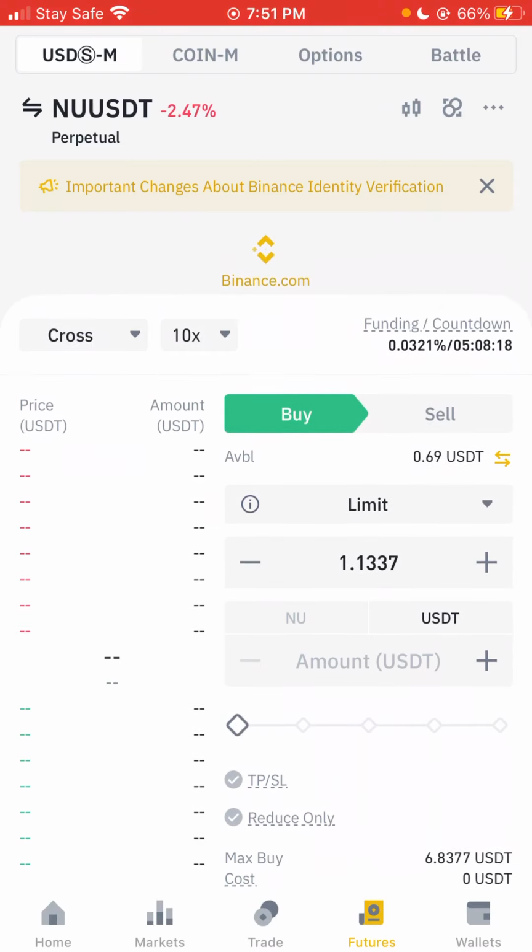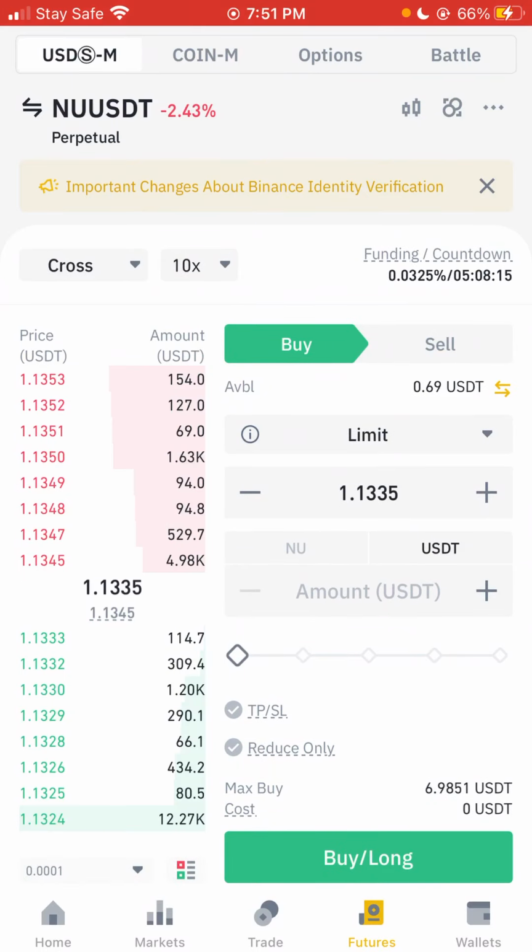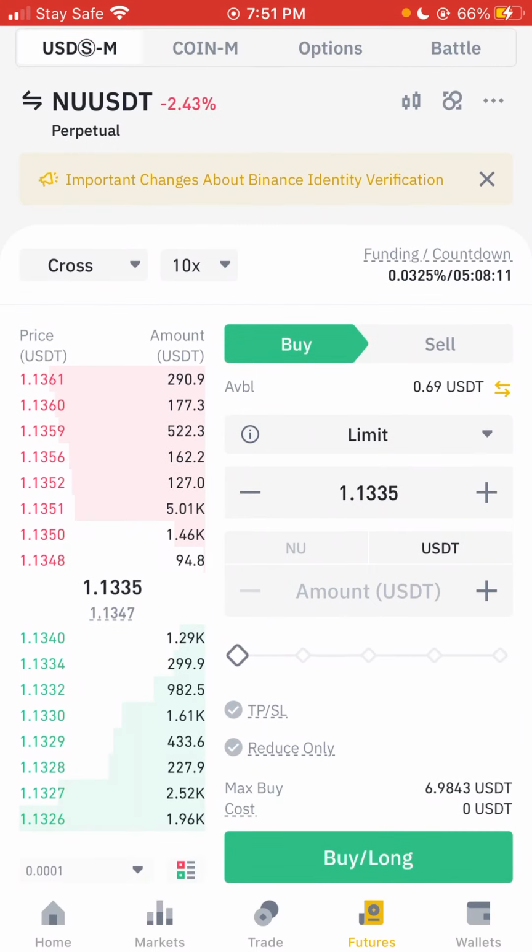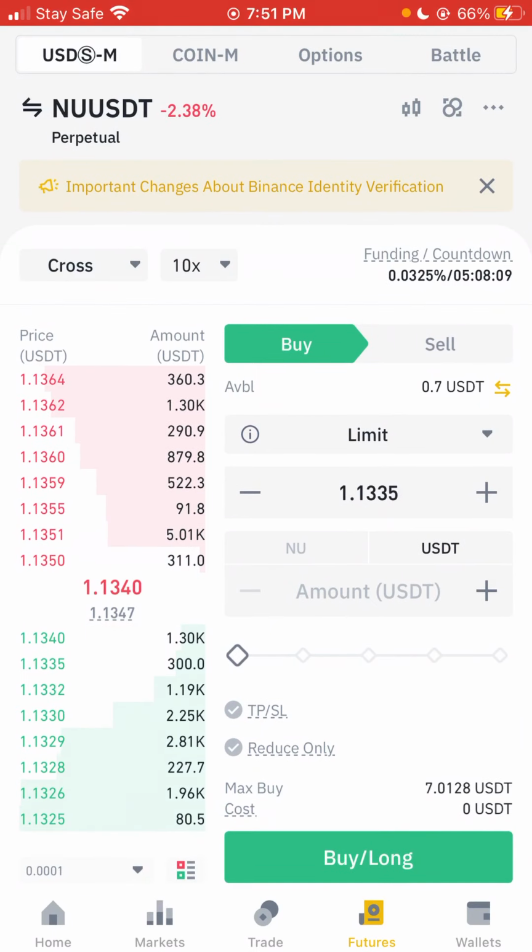I don't know why this thing is not loading. Okay, yeah, it's back. NUUSDT is 1.134, right? Let's now assume you are given a signal to buy this coin at 1.11.